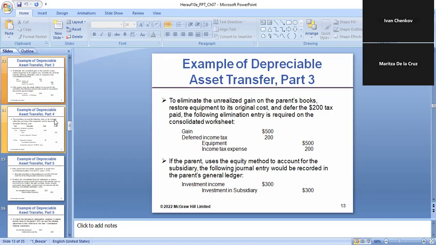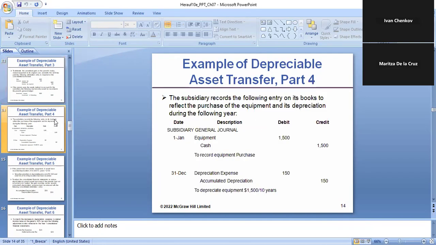If the parent is using the equity method of accounting, then we're going to be working with the net amount. Investment income is going to go down by 300, and the investment in subsidiary is going to go down by $300. So as you can see, the first one has the original costs under the cost method. The second one is if the parent uses the equity method.